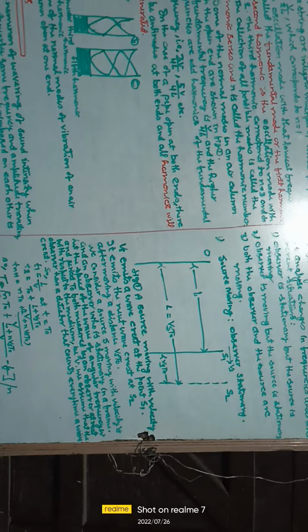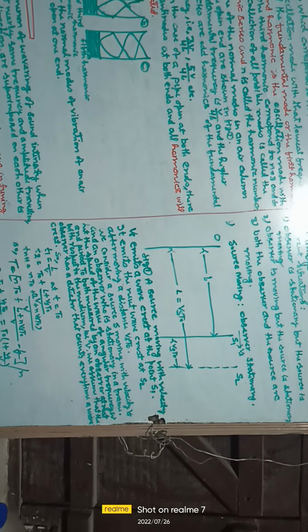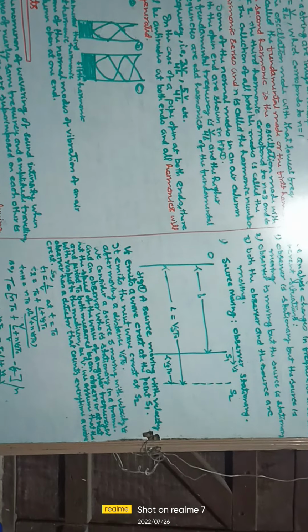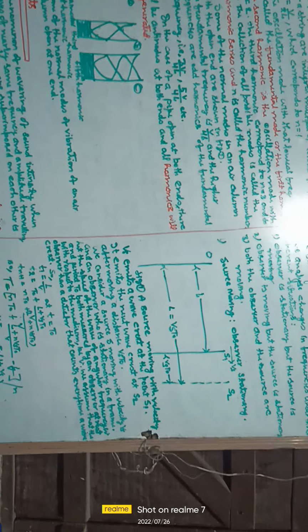For a source approaching the observer, ν = ν0 (1 + vs/v). That is case number 1.